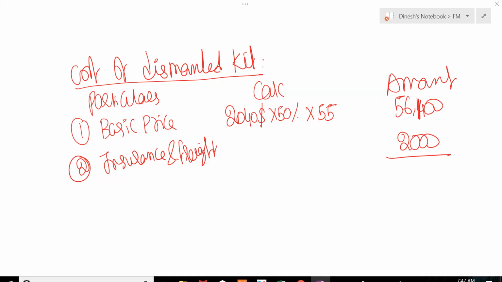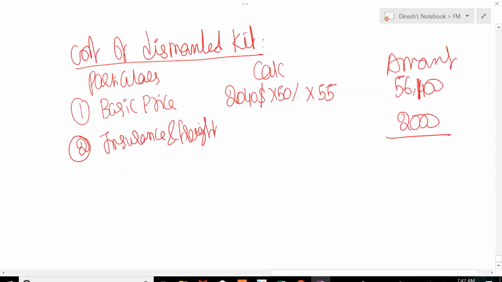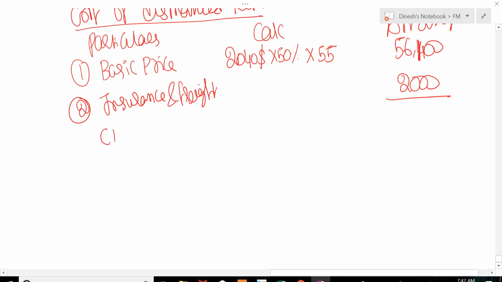So we'll add this because my customs duty is charged on CIF in this question. So add this and call it a CIF value: 58,100.